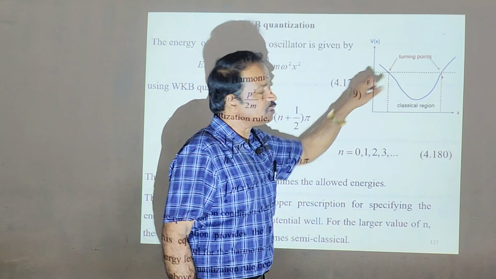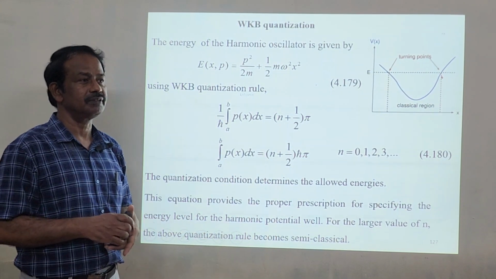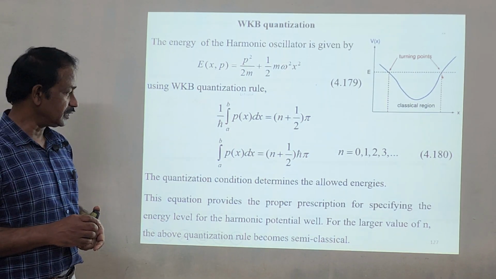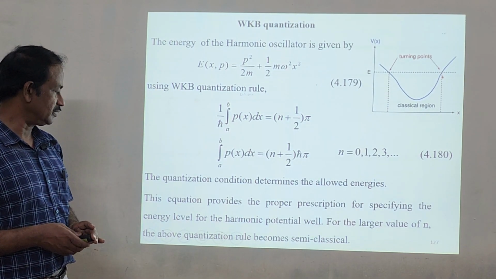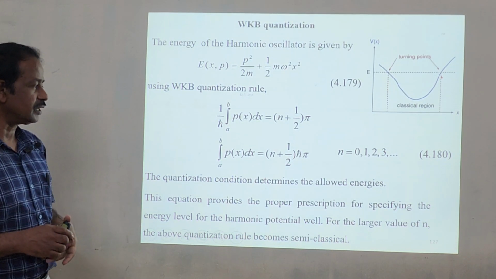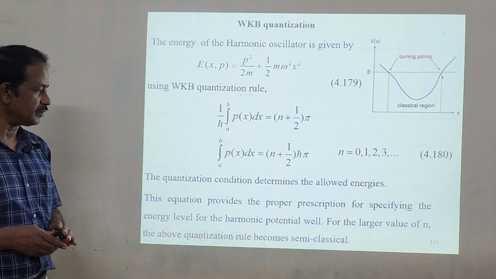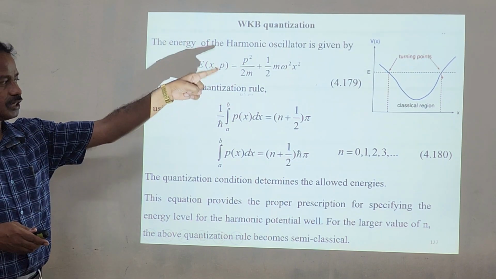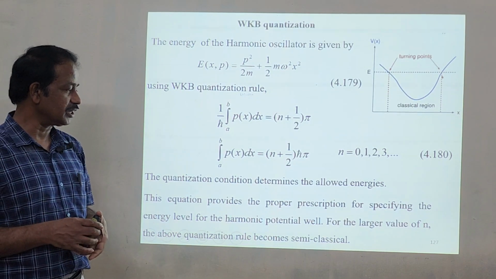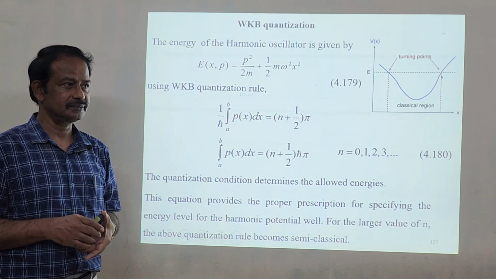Even in this region also, some oscillating function through tunneling behavior will take place. So this is the quantization condition that determines the allowed energies. This equation provides the proper prescription for specifying the energy levels for the harmonic potential well. So this is your harmonic potential well. For larger values of n, the above quantization rule becomes the semi-classical method.